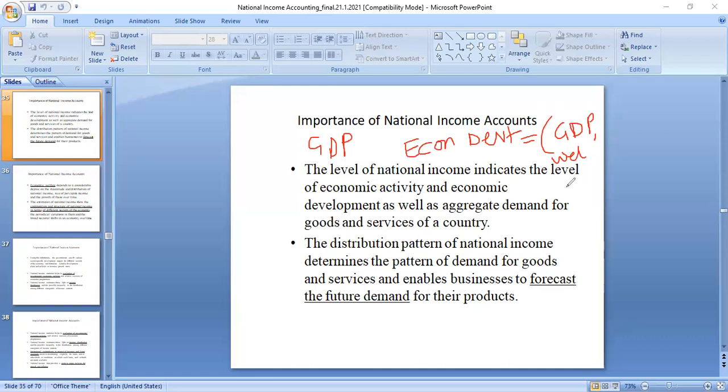And this welfare will be in terms of, for example, access to health services, the life expectancy, the literacy levels, generally the well-being of the citizens.